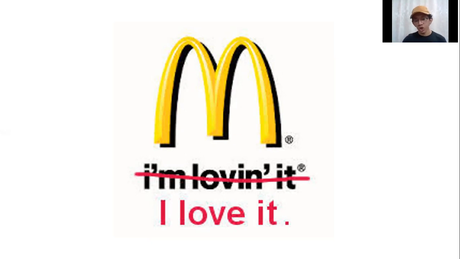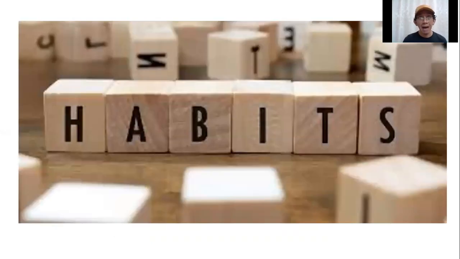Now, there are other structures that you are practicing in the book that we use to express other things like habits. How do we express habits in English? Well, it depends. It depends on the type of habit. If we're talking about habits in the present or habits in the past. When we talk about habits in the past, we use used to, right?